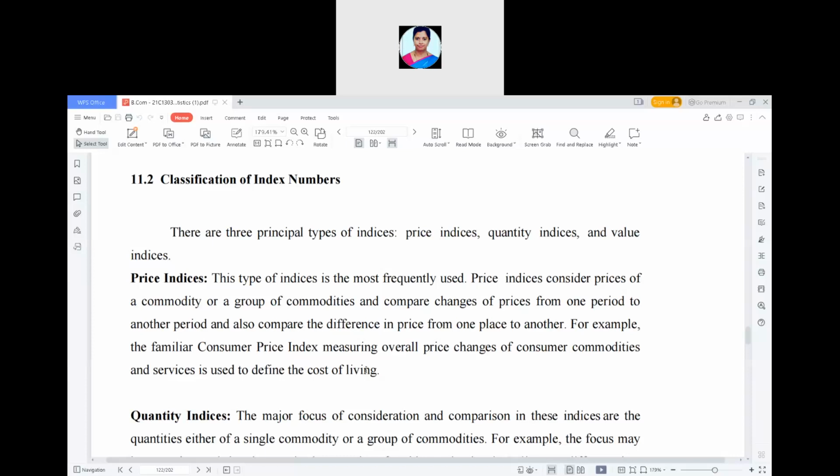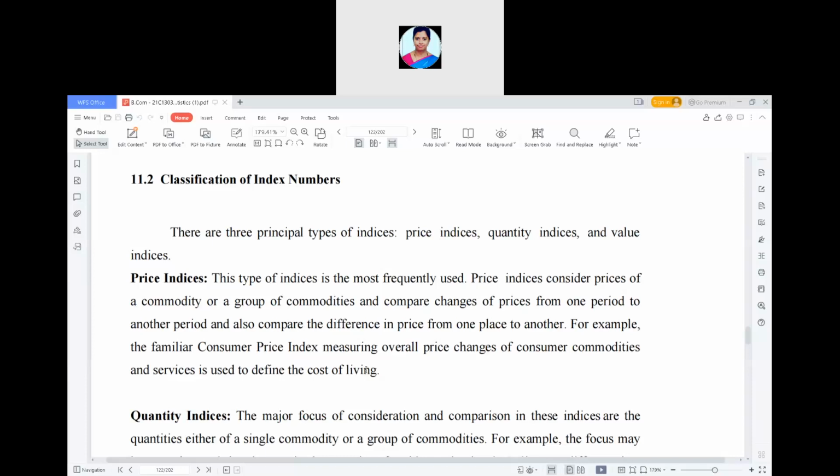We also compare the difference in price from one place to another place. In one place the price of a commodity may be lower, and the same commodity in some other places will be higher.